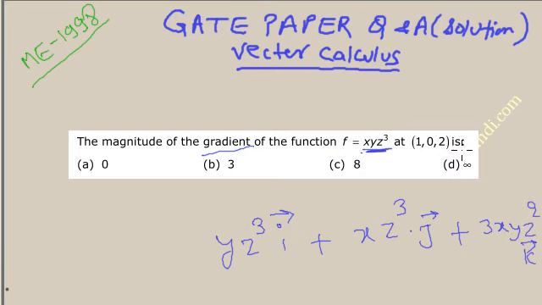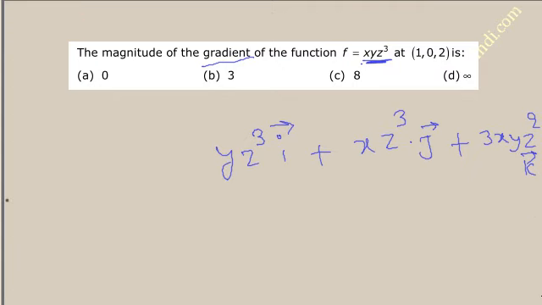So if you put the point (1, 0, 2) here, y is 0, so the two terms become 0 and only this will be valid. So the result is x equals 1 and z is 2 cube, that means 8j.